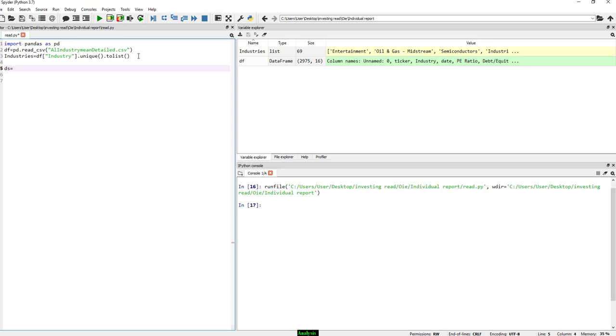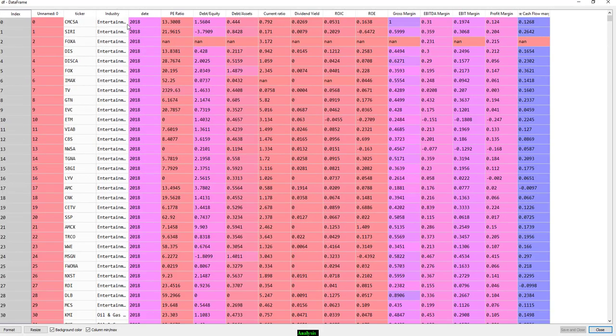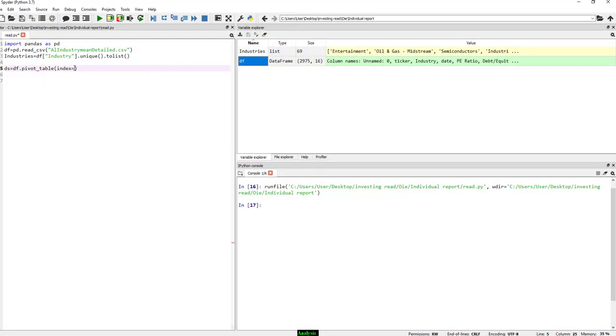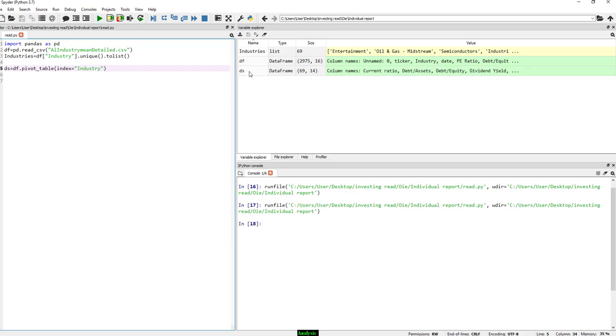So df dot pivot table, and we want the industry to be in the x column there. So we just say industry. If we run it, okay, we get the information.